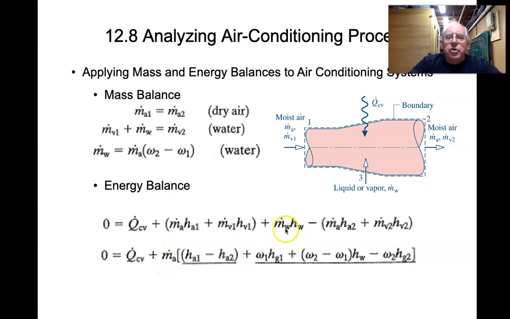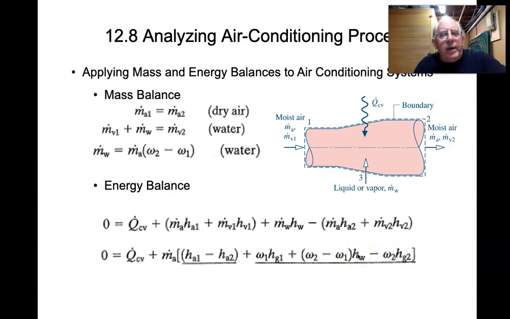And then the only other term that we haven't talked about is this term here, and this is the energy coming in, and we know that m dot water from up here is simply related to this term here. So this term gets substituted in, and this m dot water becomes m dot A, which is this term, times the change in the humidity ratio, and then the enthalpy of the water.